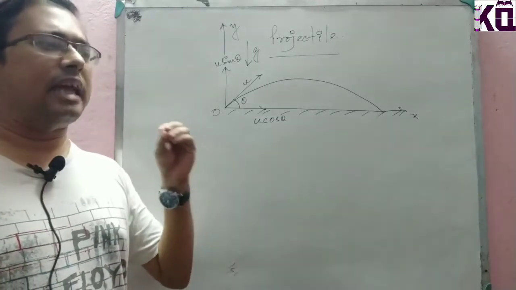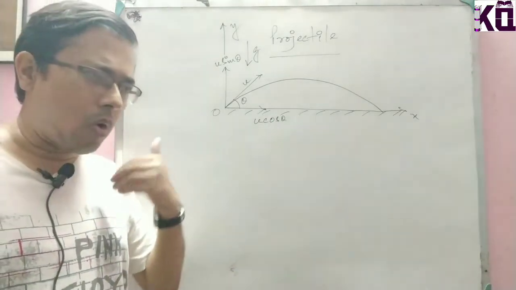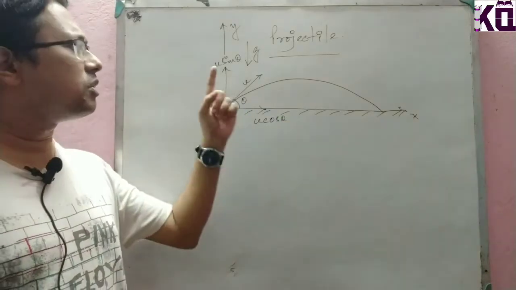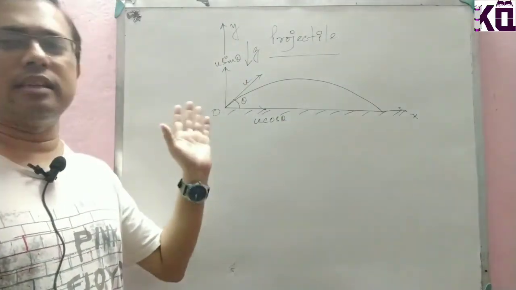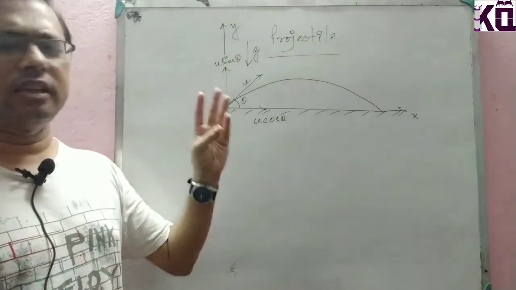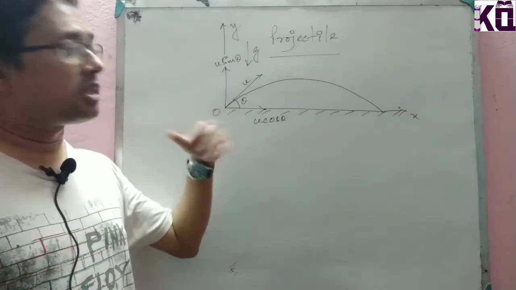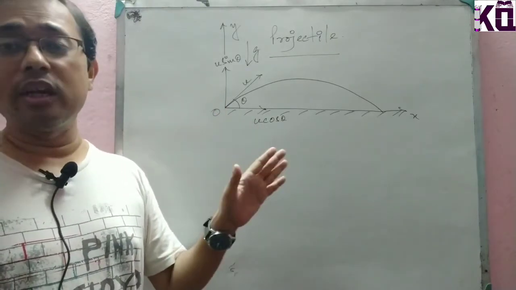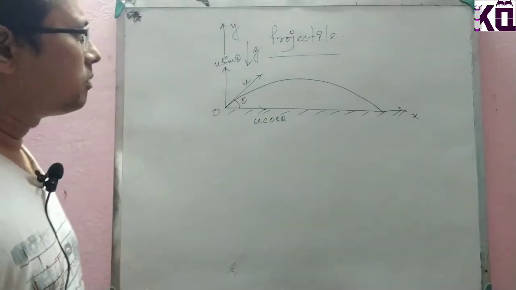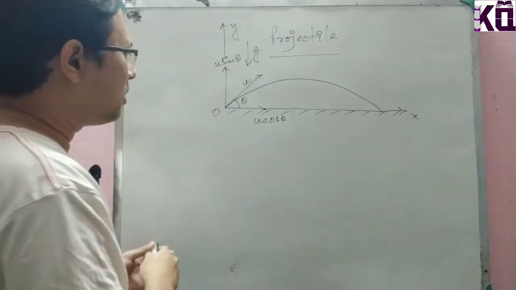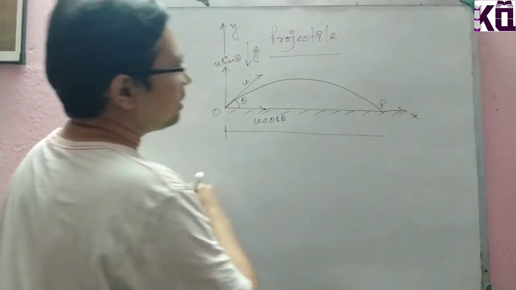Whenever you are taking anything, if that is in x direction, you have to take all the things in x direction, and if you are considering something in y direction, then initial velocity, acceleration, displacement, whatever you are taking care of, must be of y direction only, not anything from x direction. Okay, now in x direction, say after O it strikes again at P.